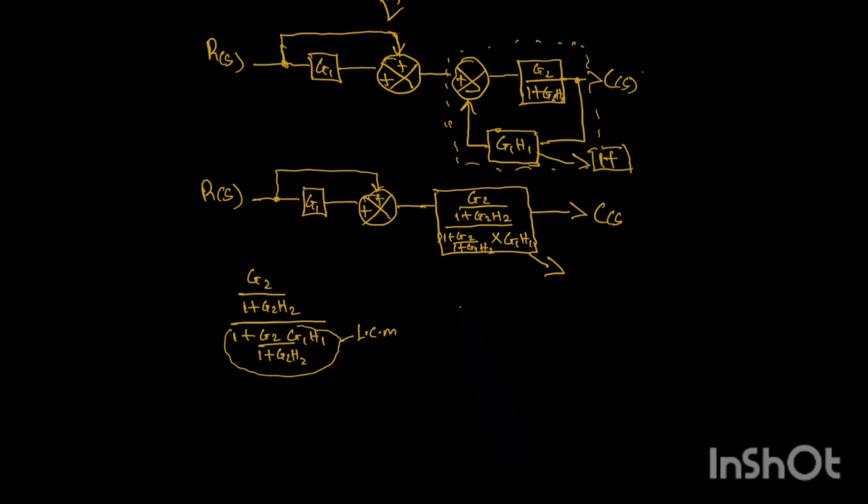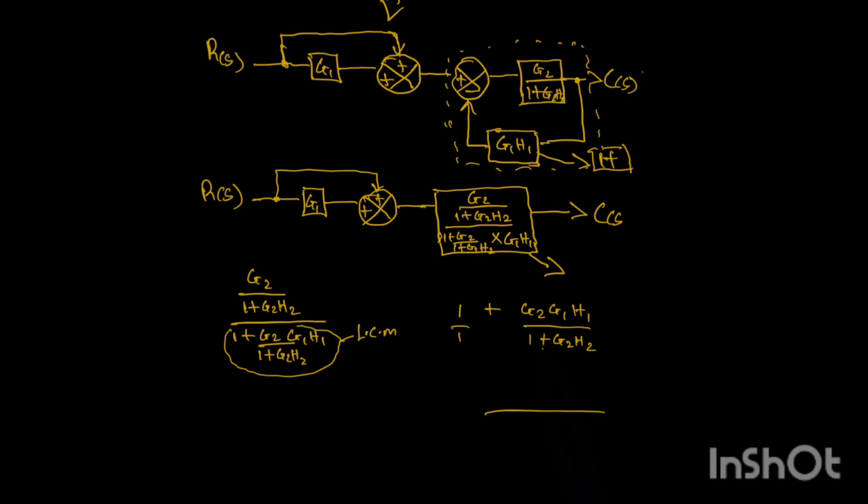Taking the LCM, we have 1 plus G2G1H1 all over 1 plus G2H2.